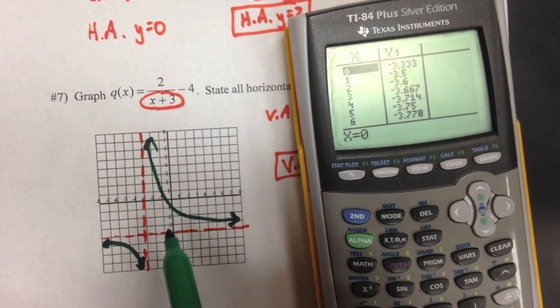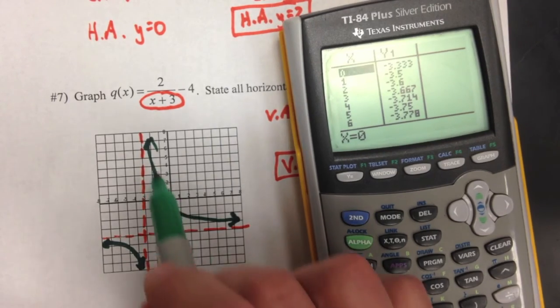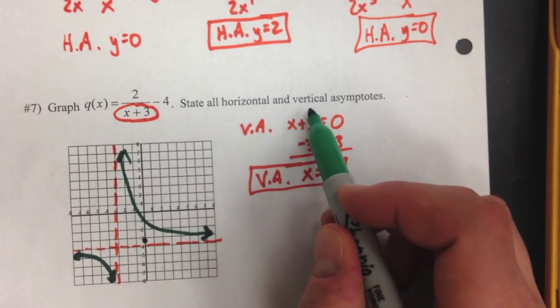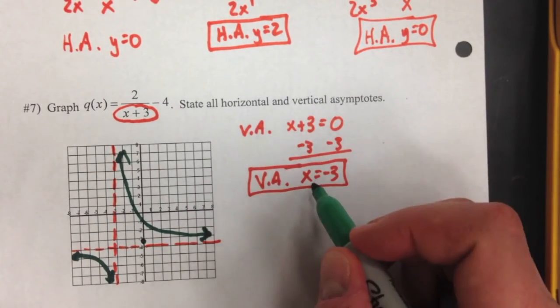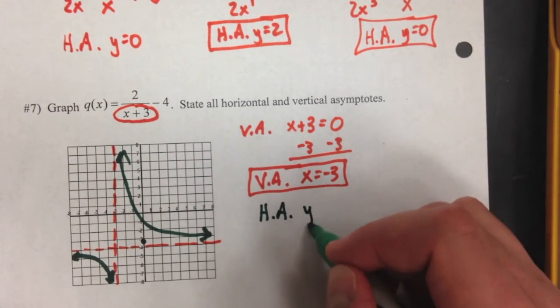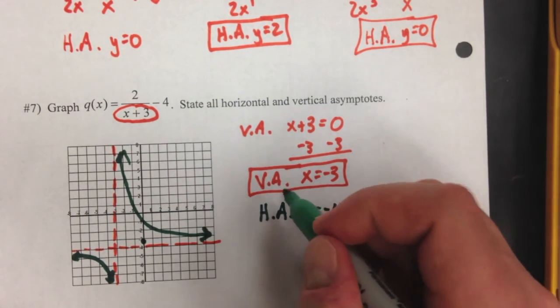So the y-intercept, okay, actually I should have graphed it a little more down here. The y-intercept is down here. Okay, but this is the general shape of the graph. Horizontal and vertical asymptotes. Vertical asymptote is x equals negative 3. Horizontal asymptote is y equals negative 4.